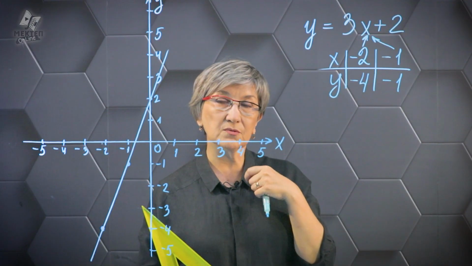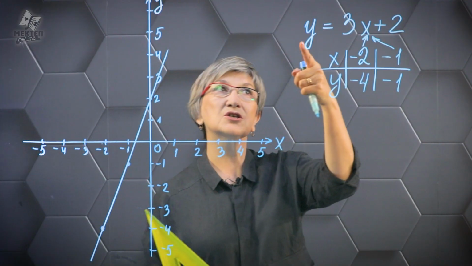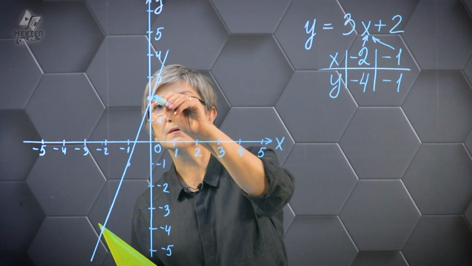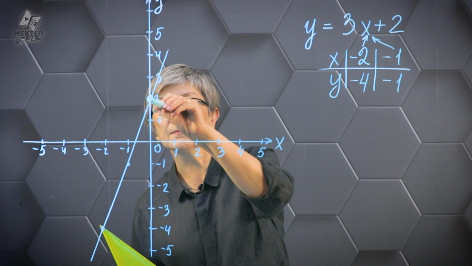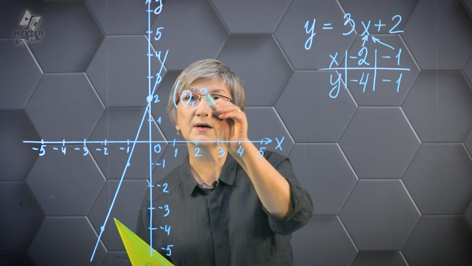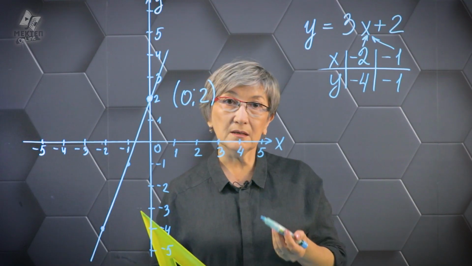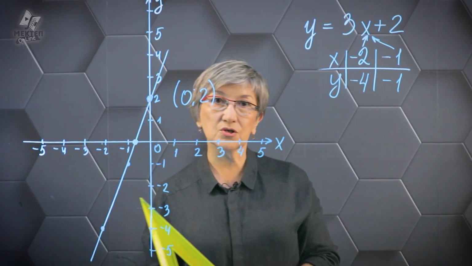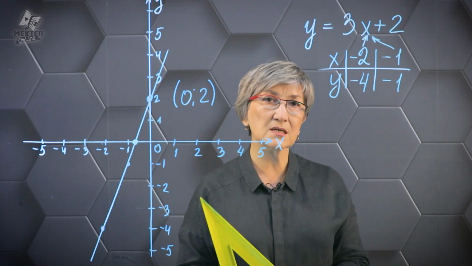What did we find? The graph representing our function crosses the y-axis at the point with coordinates 0 and 2. It also crosses the x-axis at the next point. We need to find its coordinates.